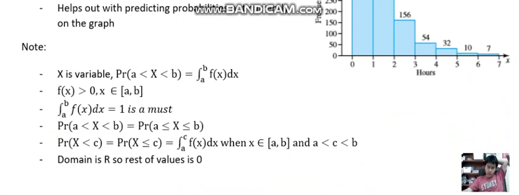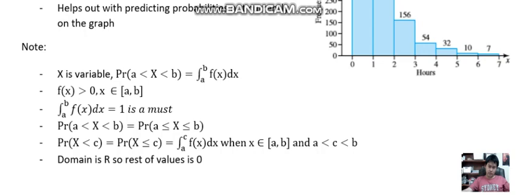So if I integrate the whole thing, it has to equal 1. It's a probability, so if I add all the probabilities together, it should equal 1. Quick notation: less than and less than or equal to, for a to b, these two are the same thing for these purposes. Same thing at the bottom here, x less than c is the same as less than or equal to.